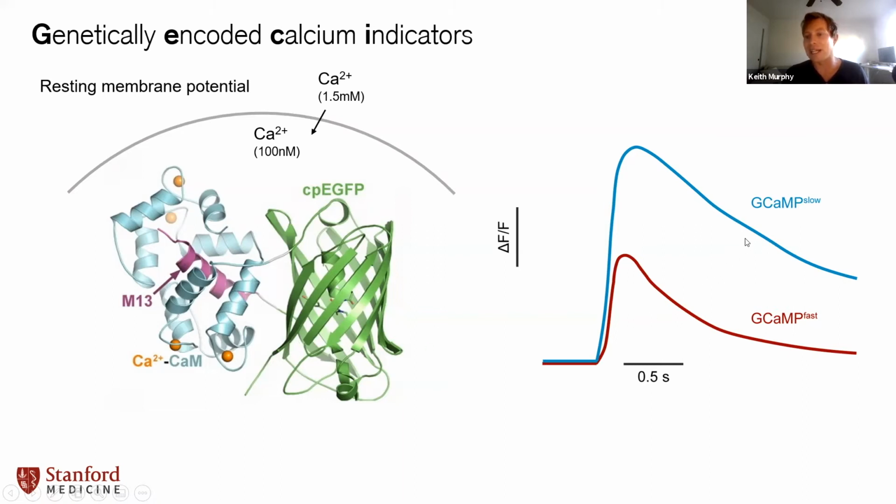There are many variants that people have genetically engineered, such as GCaMP slow. In this case, the kinetics of the binding and unbinding of calcium are very slow over time. So even with a single neuron becoming active, you'll have many, many seconds before this calcium gets removed. So the fluorophore is fluorescent for a long time. Then you have other variants that are very fast, such as GCaMP fast.